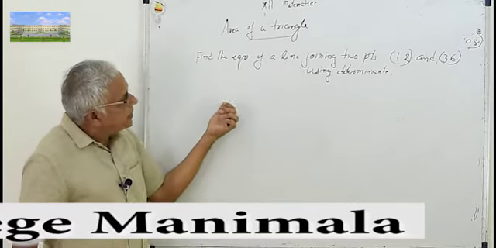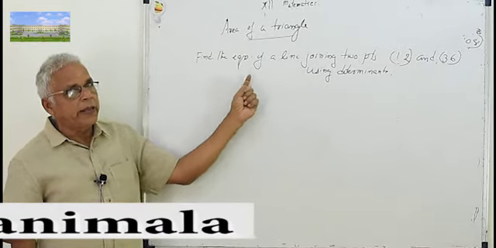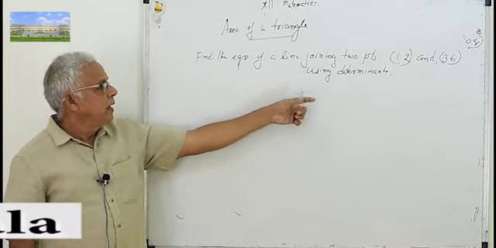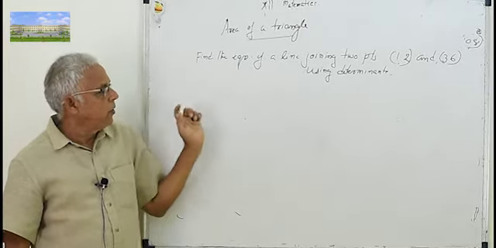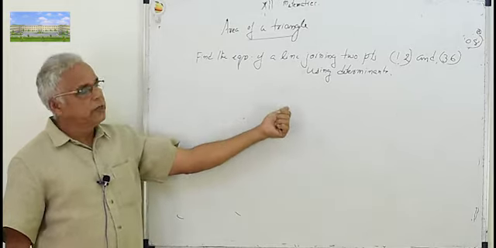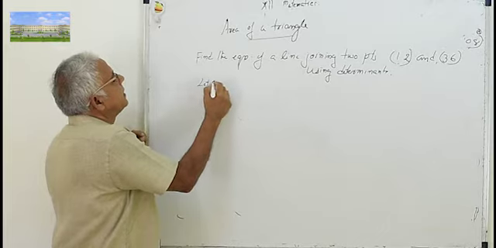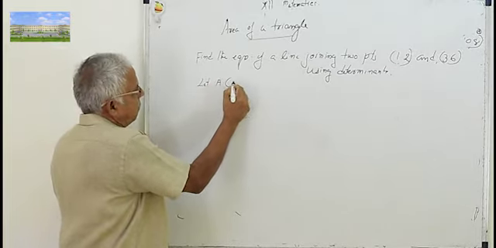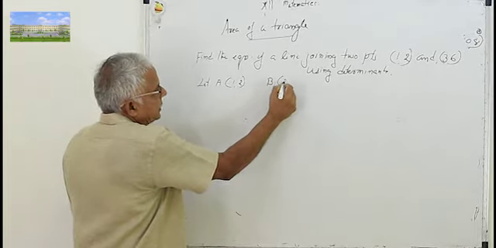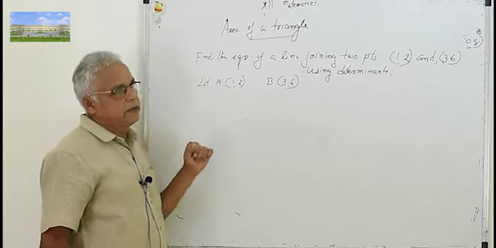We name the given points A (1, 2) and B (3, 6). Our aim is to find the equation of line AB.